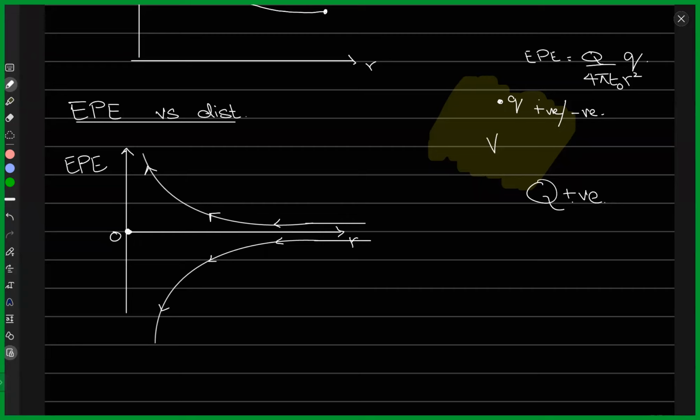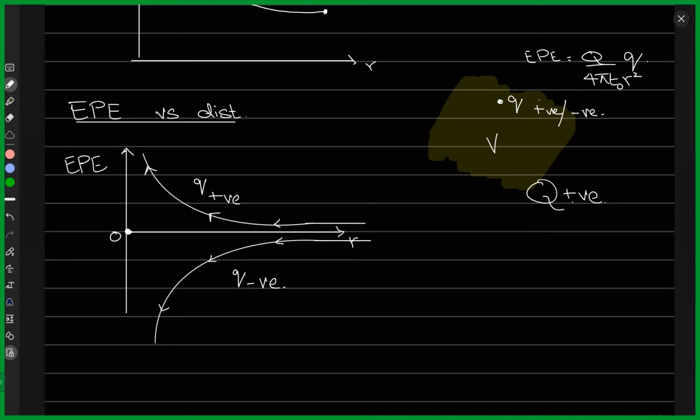And this is the reason that we say that at infinity, at the distance infinity, our charges have 0 energies. Both of these charges. This graph is for when small q is positive, and this one is when small q is negative. Whether it's positive or negative, we can clearly see both are approaching 0 as r becomes larger and larger.